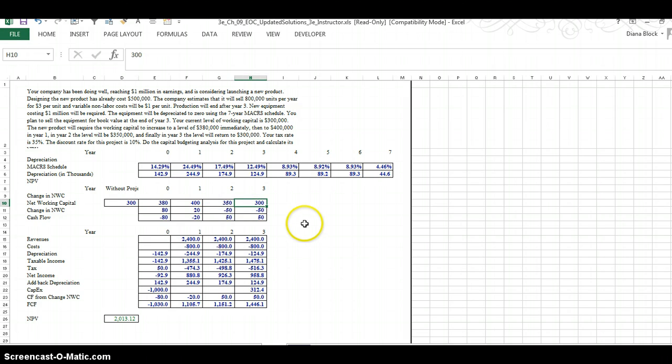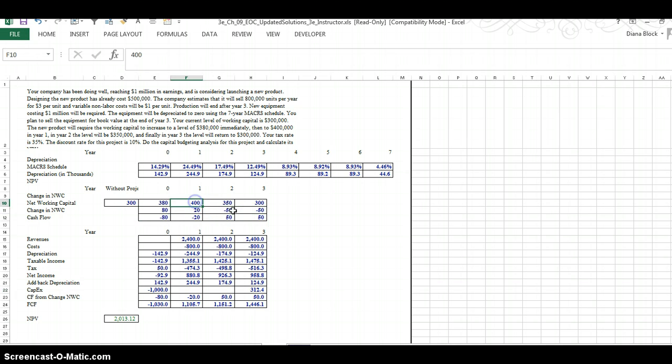So it's going to tell you year 0 net working capital goes to something, year 1 it'll be something else, year 2, year 3. So what you're going to do then to find out the change in net working capital is you're just going to take the net working capital for that year and subtract what it was before this project, or without this project. So then you will have your change in net working capital.